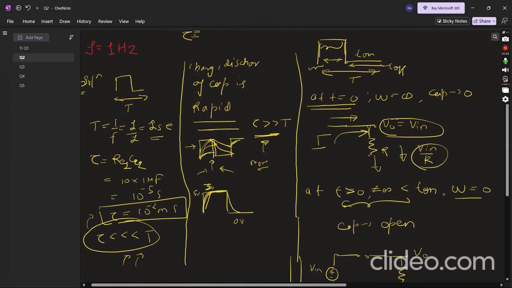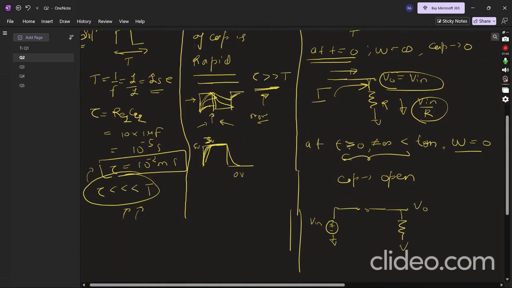So it's not a constant current, and slowly the capacitor will charge, and at some time period the capacitor charges fully.